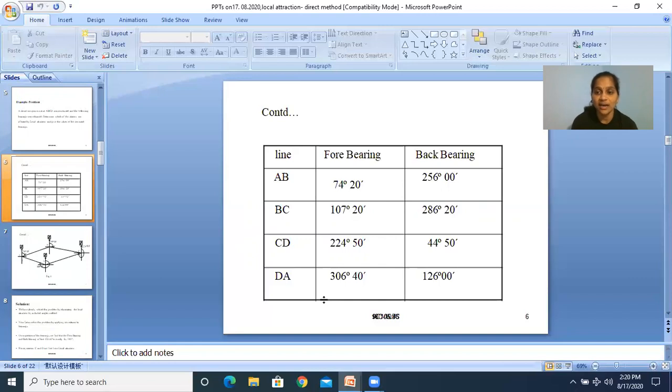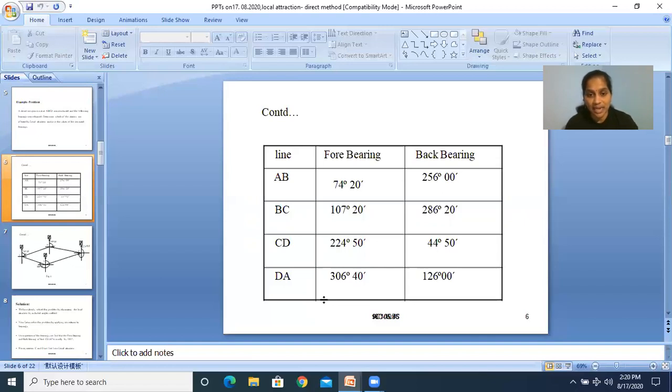We can detect local attraction by comparing the fore bearing and back bearing. If the difference between the fore bearing and back bearing is exactly 180 degrees, then the station is free from local attraction. So the first step is to detect the local attraction by comparing the fore bearing and back bearing.